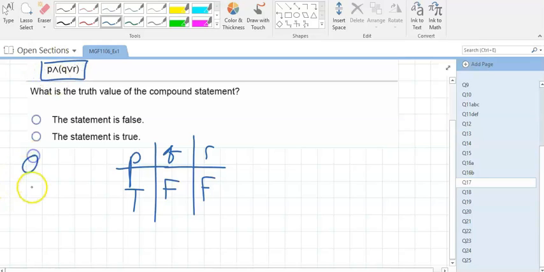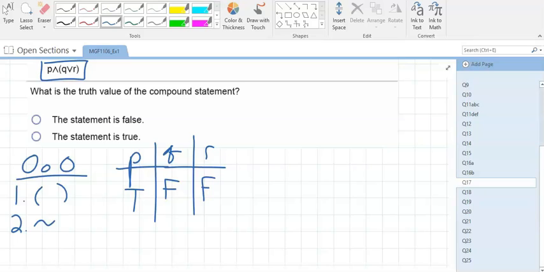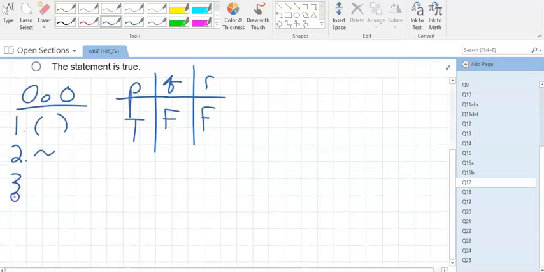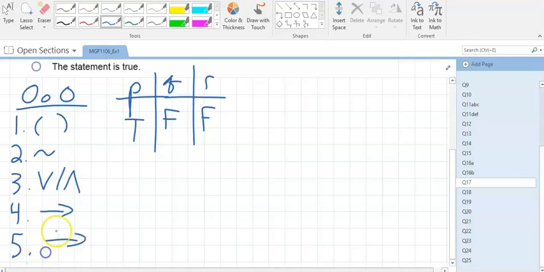So again, order of operations for this thing, since there's no truth table there. Remember, the first thing you're going to do is parentheses. Then you'll take care of negations. Then you'll take care of ands and ors. Then conditionals. And then biconditionals.